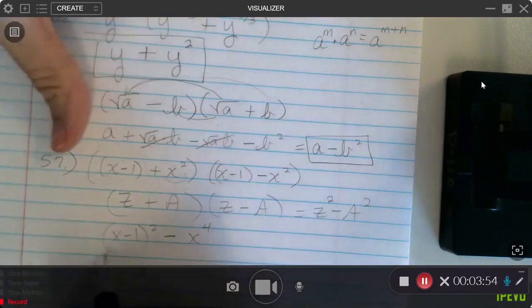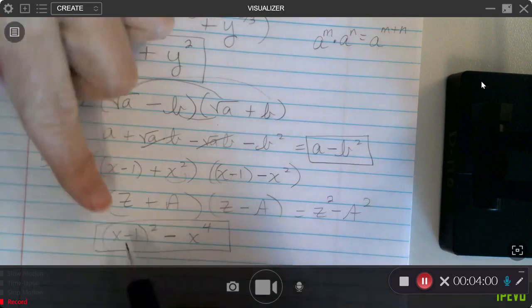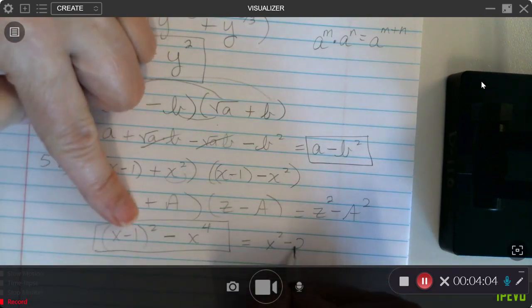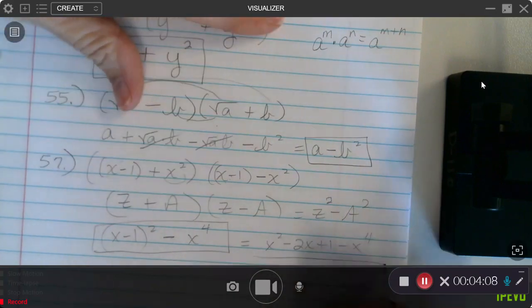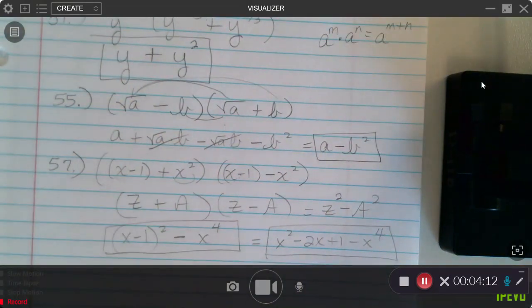I would be perfectly happy with this as an answer. It'd be easy. I mean, obviously you could FOIL that out. X squared minus 2x plus 1 minus x to the 4th. But it doesn't really get you anywhere. Is this visible on the screen for you?